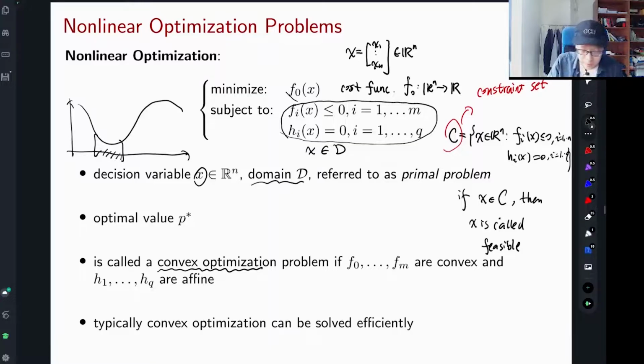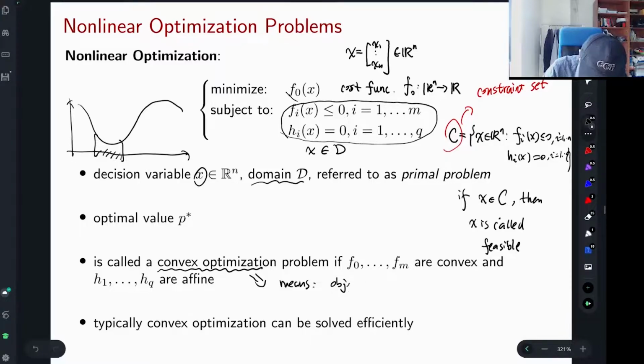That's a little bit specific definition, but in general, convex optimization means the objective function f0 is convex.